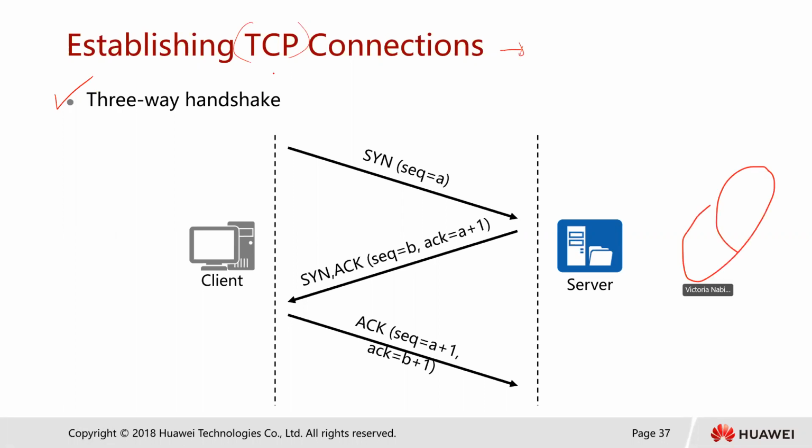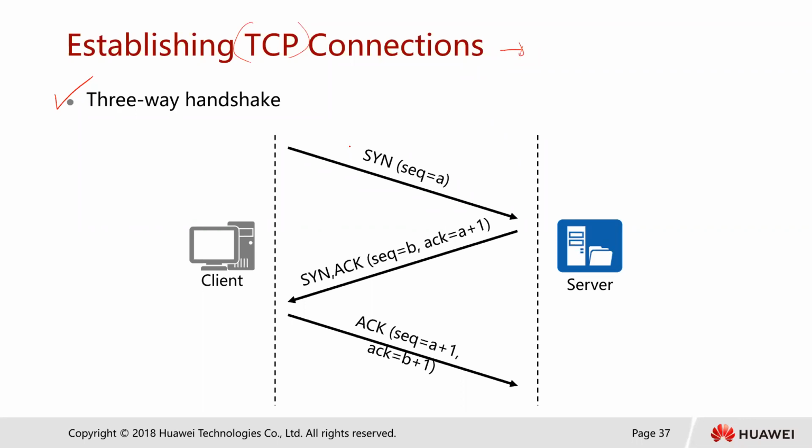To establish a connection, TCP uses a three-way handshake process, which is used to confirm the initial sequence numbers of the communication parties so that subsequent communication can be performed in an orderly manner. The process is as you see it on the screen.